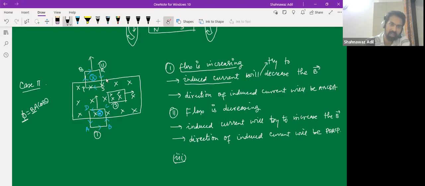Whenever the loop is in this area, it will have the same magnetic field lines all across this area. So the flux is the same, so no induced current.